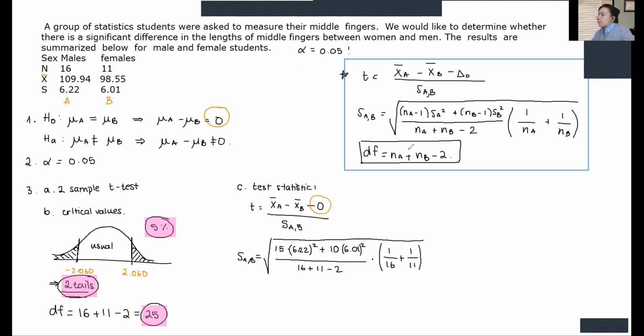And that's just because in the original formulation, the person that did all the math in order to verify that this is the case, we have to consider the degrees of freedom for the first sample and the degrees of freedom for the second sample. So it should be just scaled with respect to that. But you don't have to worry about it too much. The only thing that's really for you to remember is that here you have NA minus 1 and here you have NB minus 1. Okay?